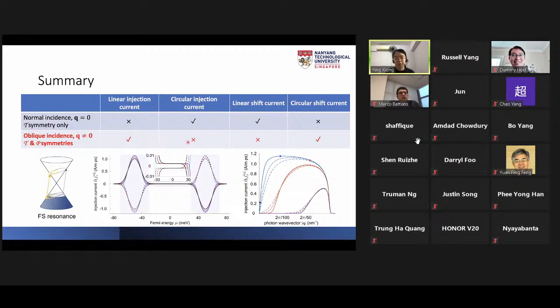The microscopic origin of this bulk photovoltaic effect is entirely different from the case of normal incidence with broken inversion symmetry. And this non-vertical bulk photovoltaic current exhibits a large Fermi surface resonant peak when the photoexcitation is near the Fermi surface.